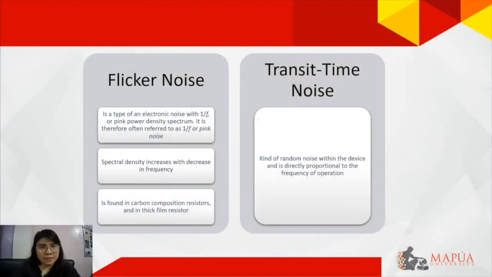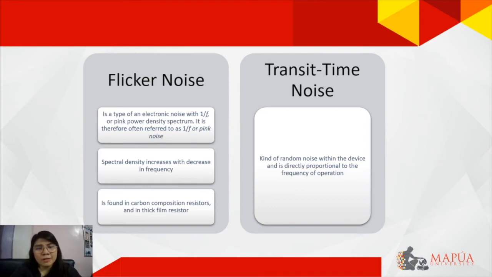For the continuation of types of internal noise, next is flicker noise. It is a type of electronic noise with a 1 over f or pink power density spectrum. It is therefore often referred to as 1 over f or pink noise. It is the one appearing in transistors operating at low audio frequencies.